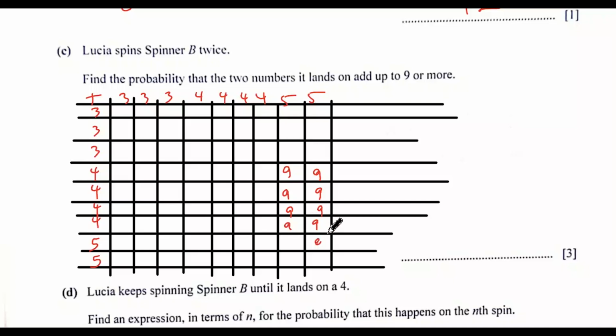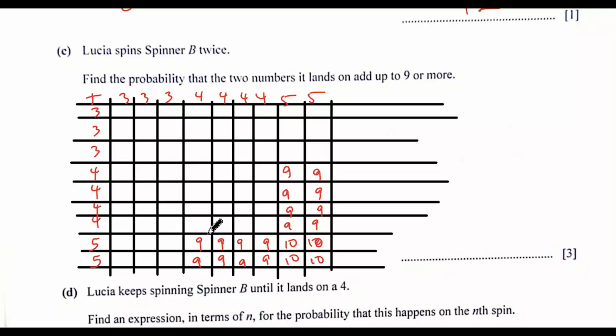Then this will be 10, and this will be 10. Then you have 9, 9, 9, 9, and finally 9 and 9.